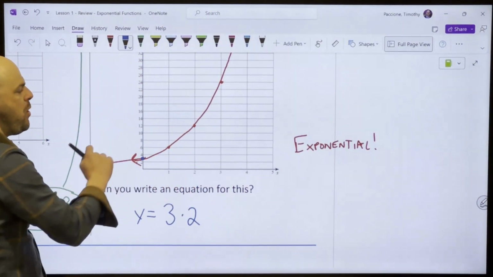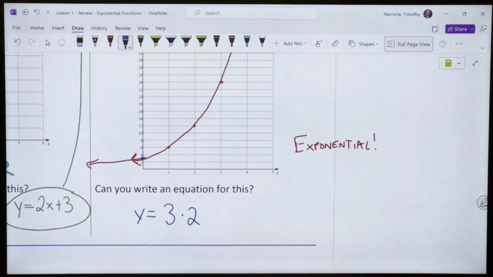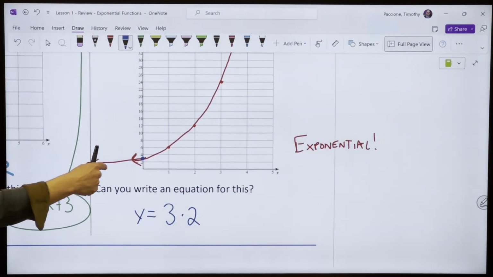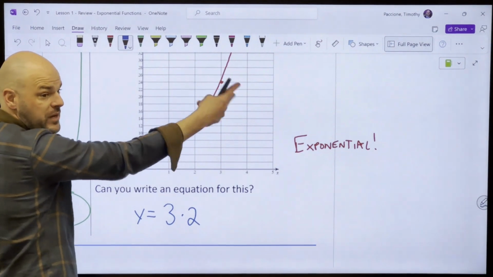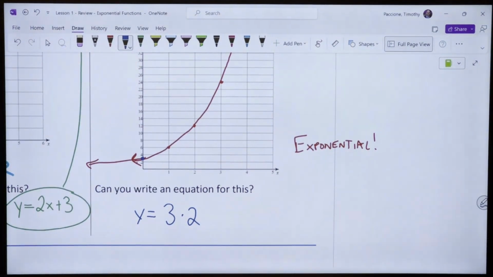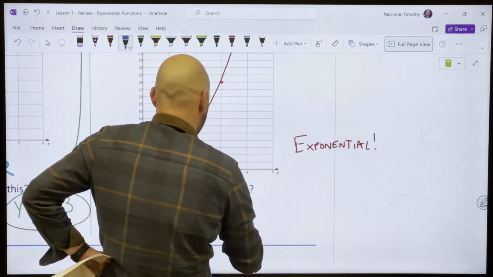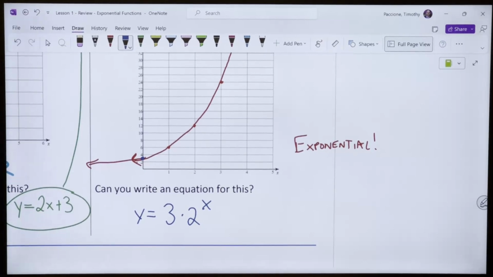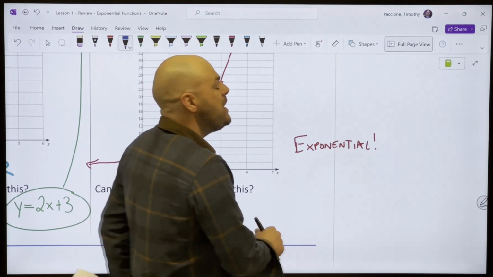And then how did we get to the point after that? Multiplied by 2 two times. Then we multiplied by 2 three times. Multiplied by 2 four times. So it's 2 to the power of x. Well, you forgot the starting point, but you were close.